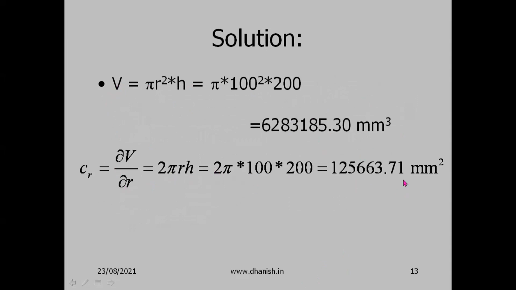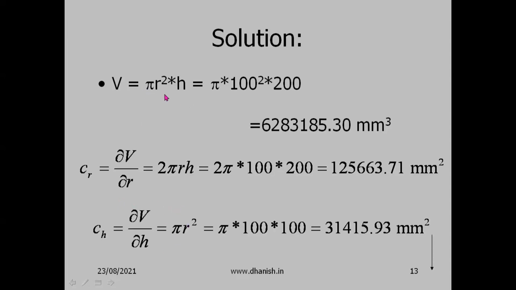Then the coefficient of sensitivity with respect to height, Ch, is equal to the partial derivative of V over h, which is pi r square, that is pi into 100 squared. So we have got the two sensitivities.